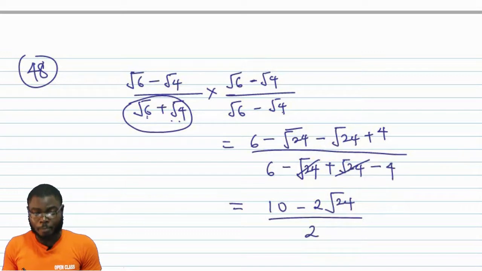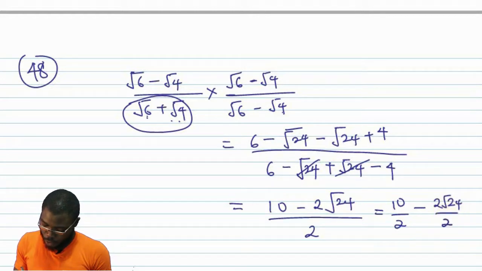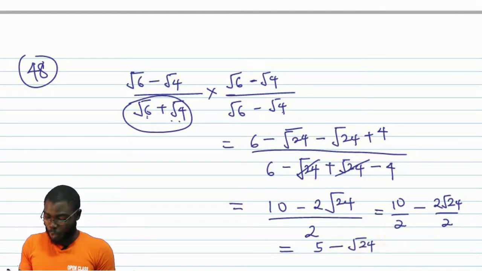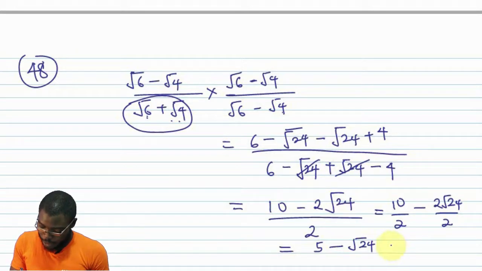2. Now this is the same thing. This can be written as 10 over 2 minus 2 root 24 over 2. So this can be written as 10 over 2, you have 5, minus, this cancels this, you have root 24. Now this root 24 can be broken down. You can break it down as root of 4 times 6. This is the same thing as 5 minus root 4 times root 6.